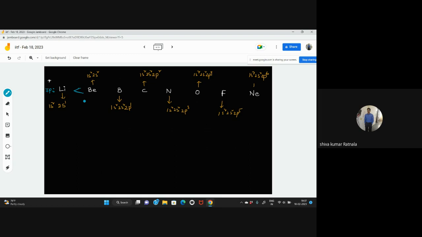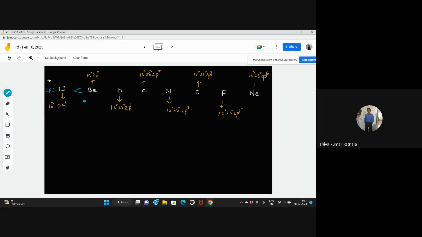In periods from left to right, IP value should increase or decrease? IP value increases. So from lithium to beryllium, it is increasing, no doubt.